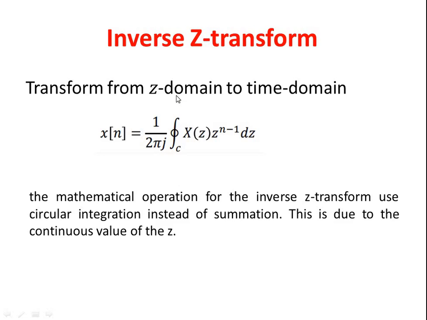Because in the Z transform we have a summation of x of n, it means we have continuous values of z. In order to deal with the continuous values of z, we use a circular integration to get x of n in the inverse Z transform.